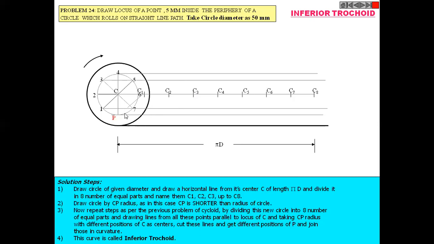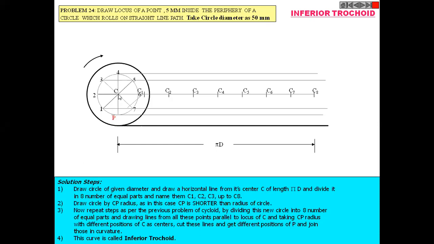Then again, initially set the distance in your compass equal to CP. So the radius of the generating circle from this point to this point is 25 and this point P is 5 mm inside.